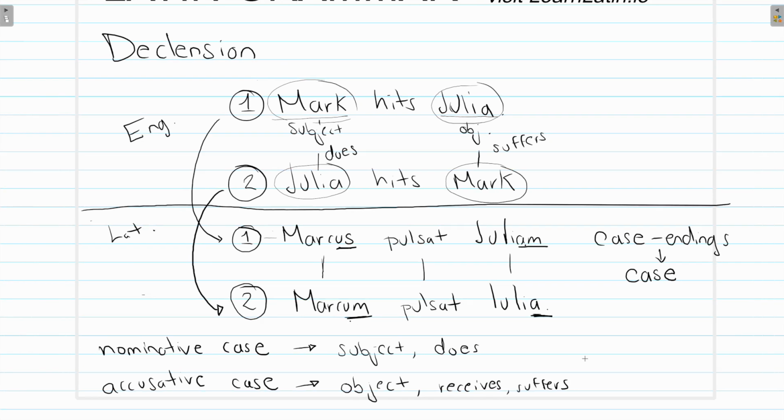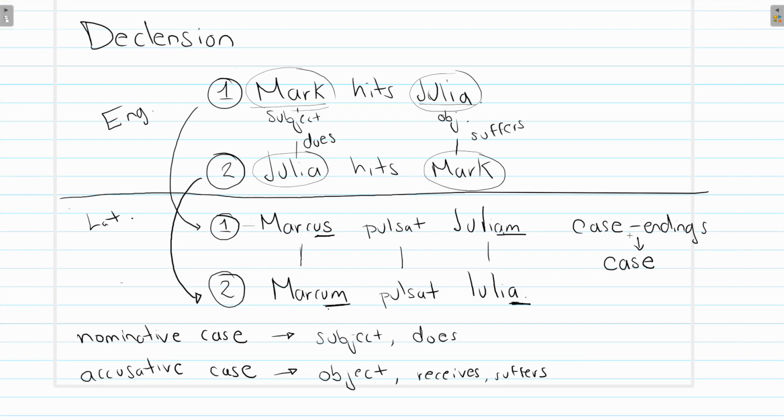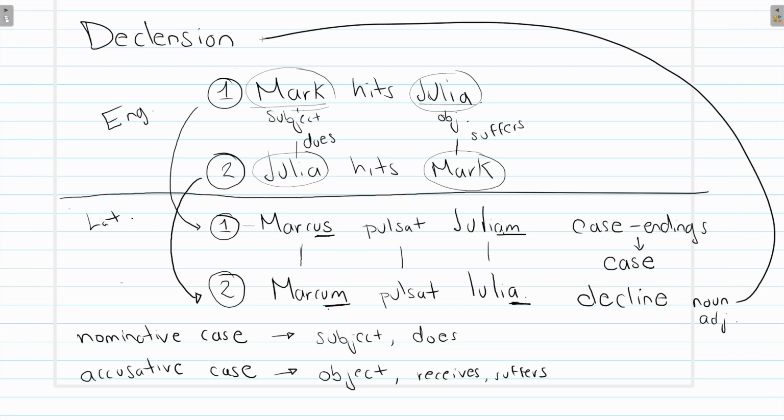And changing the case endings from -us to -um, or from -am to -a, is what we call to decline. We decline a noun or an adjective by changing the case endings. And that's why we call this system the declension system of Latin.